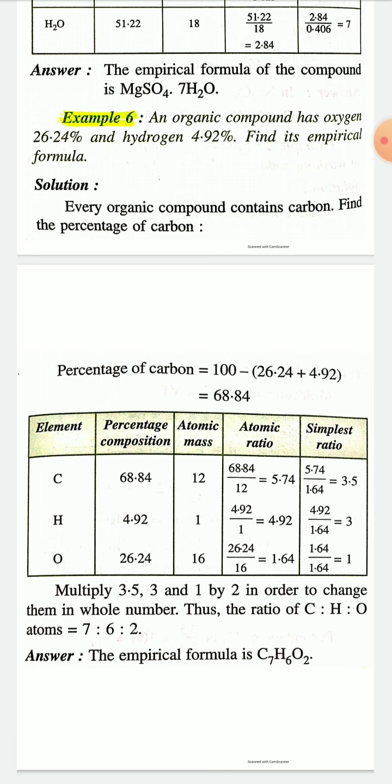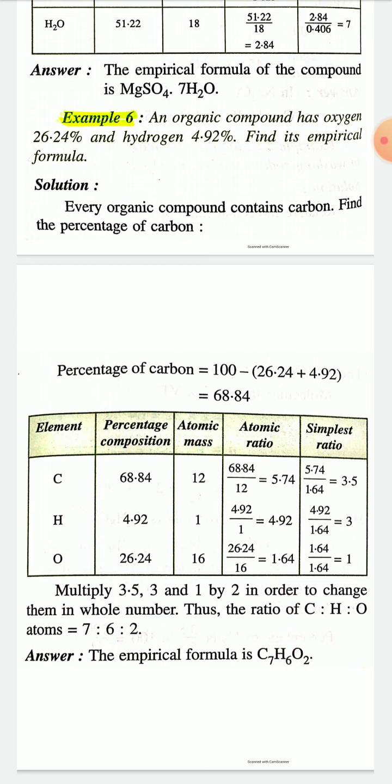So in the table, first you have to write down the symbols of elements, that is carbon, hydrogen and oxygen present in this compound. You know that percentage of carbon is 68.84, hydrogen is 4.92, oxygen is 26.24. And in the next column you have to write down the atomic mass of each element.